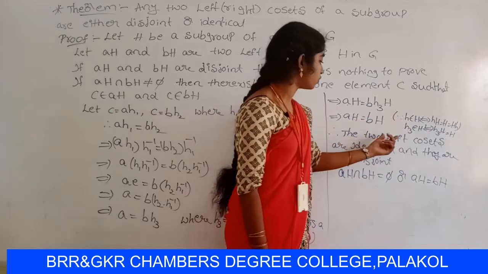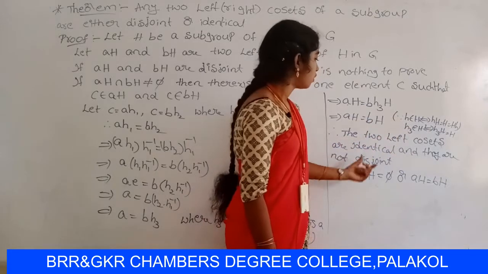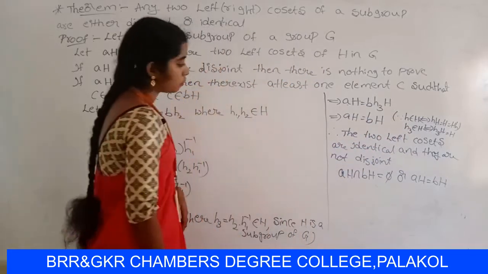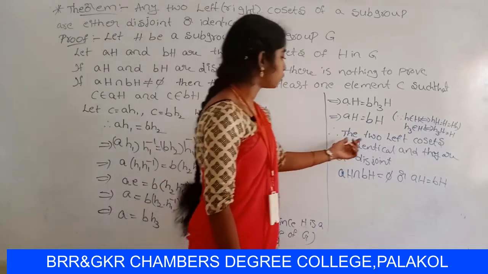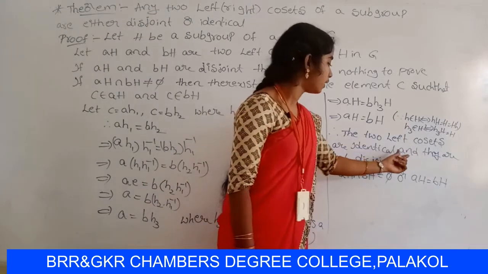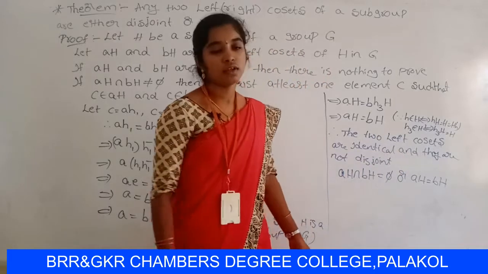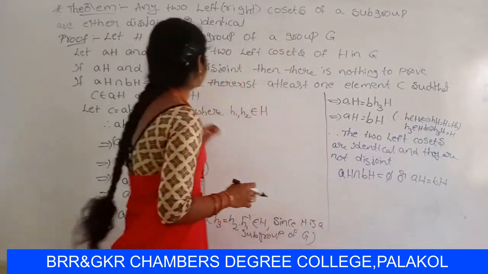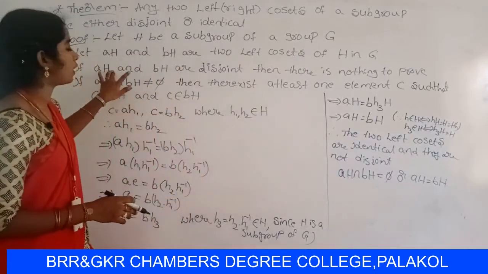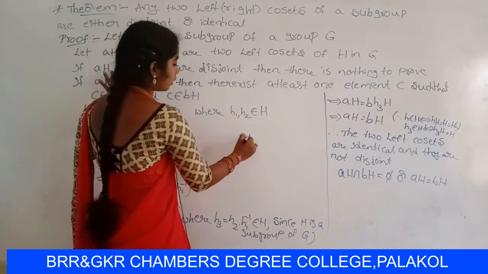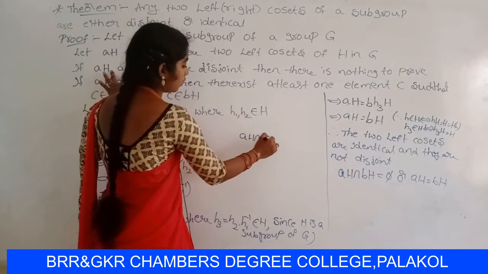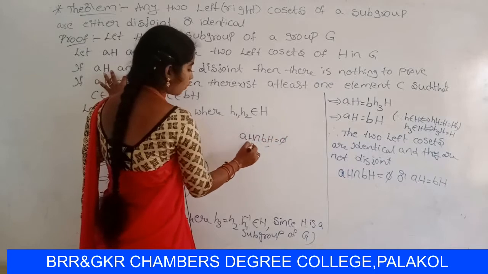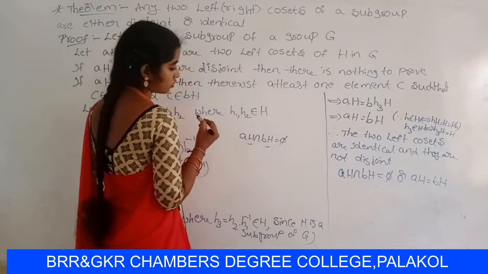So the two left cosets of a subgroup are identical if they are not disjoint. Disjoint means no common element, that means AH intersection BH equal to phi, no common element in AH and BH.